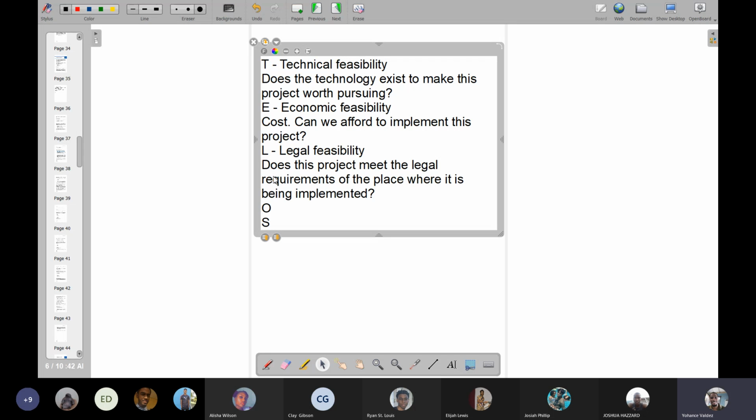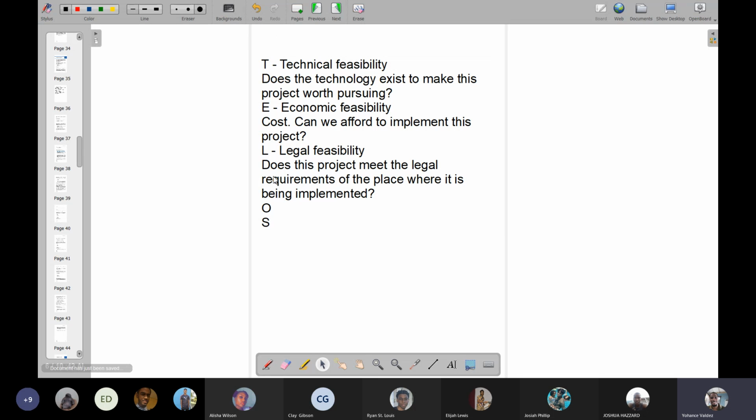Okay. And for most projects, it might be yes. But my favorite example is Uber in Trinidad and Tobago. Uber was not meeting the legal requirements of Trinidad and Tobago.